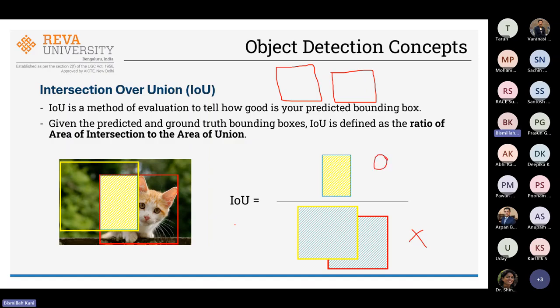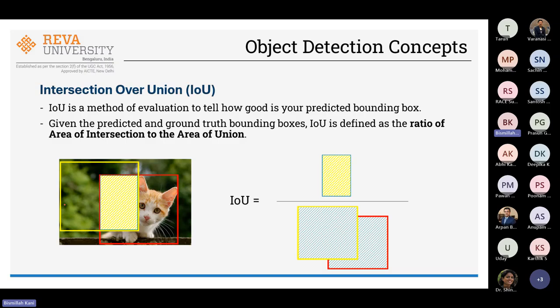So 0 divided by anything is 0, so my IOU will become 0. In this other case, there is some 20%, 30% overlap. If you calculate it, IOU will come to something like 30%. That means the image is not matching.